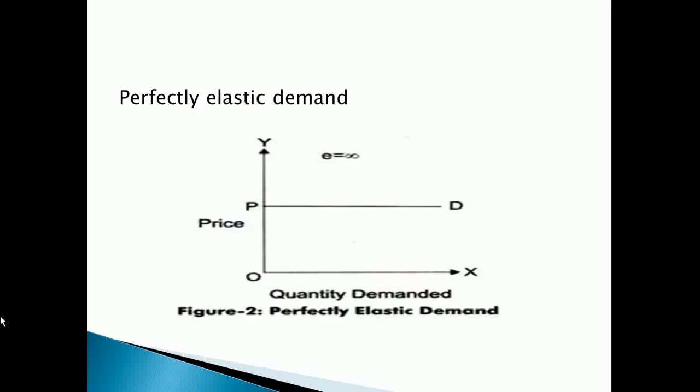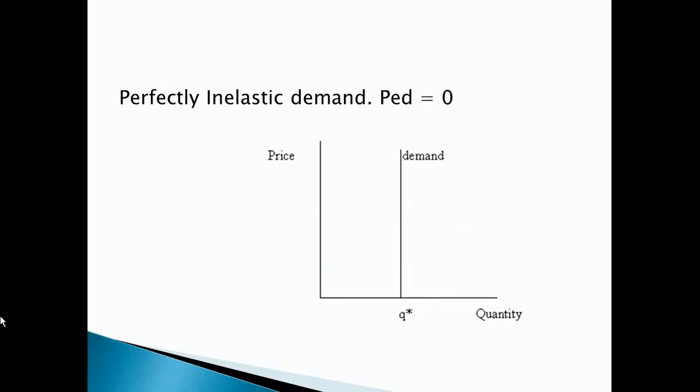When you're interpreting price elasticity of demand, always remember that a change in price means a change in quantity in the opposite direction. It means price elasticity of demand will always be negative because there is that inverse relationship.